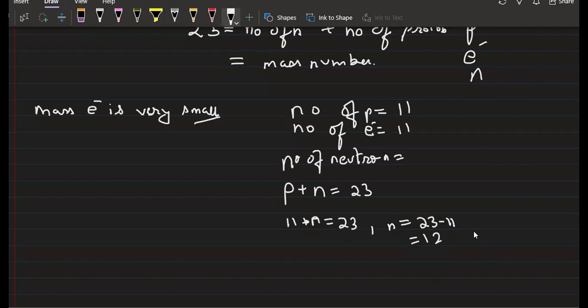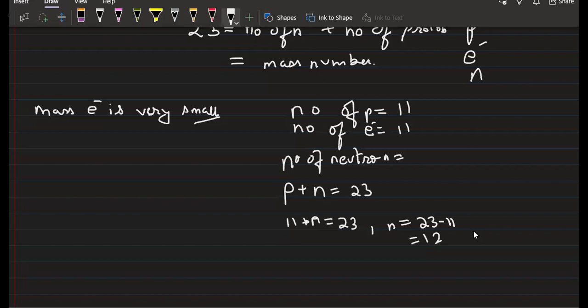Now, you can see here that the number of protons is not the same as the number of electrons. Yes or no? The number of protons is not the same as the number of neutrons, right?